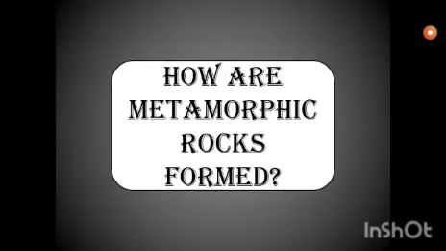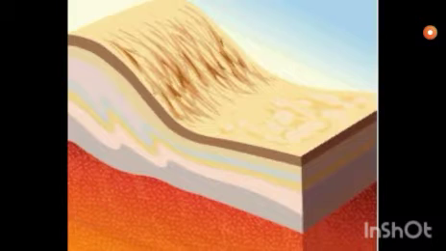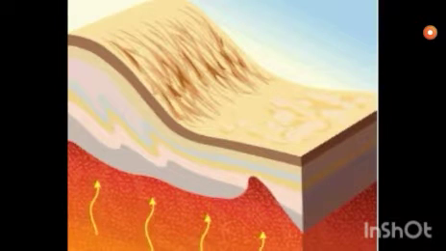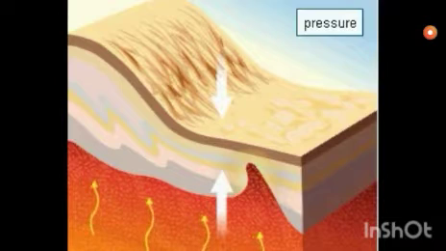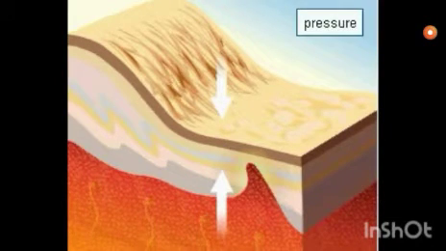So let us see how a metamorphic rock is formed. Children, metamorphism takes place. The metamorphic rocks were once the sedimentary and igneous rocks. So due to great compression from the above crust level or the top layers of the soil, due to the pressure, the tectonic plates, whereas the earth crust is made up of lava, as I told you earlier, in the formation of igneous rocks.